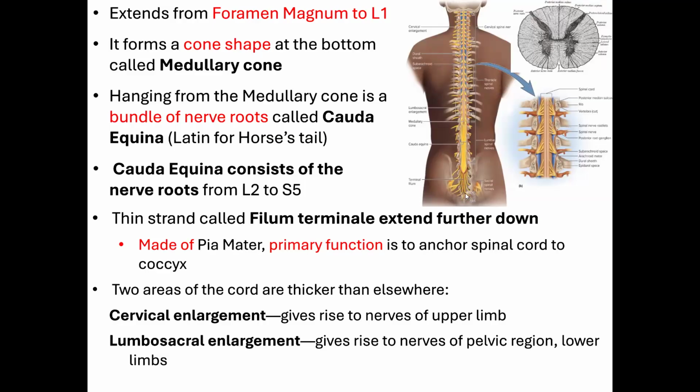So over here, you have the coccyx, which is otherwise called the tailbone. And this connection between the conus medullaris and the coccyx is called the filum terminale. That is actually one of the protective layers of the spinal cord, the pia mater. It's a condensation of the pia mater. And the whole idea is to anchor the spinal cord. Otherwise, it'll be flapping around.